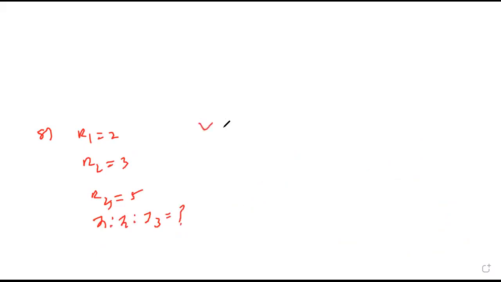Eighth one. A battery of 6 volt is connected across the combination of resistance 2 ohm, 3 ohm and 5 ohm. Then current is in what ratio? They are connected in parallel. In parallel, is voltage constant or variable?